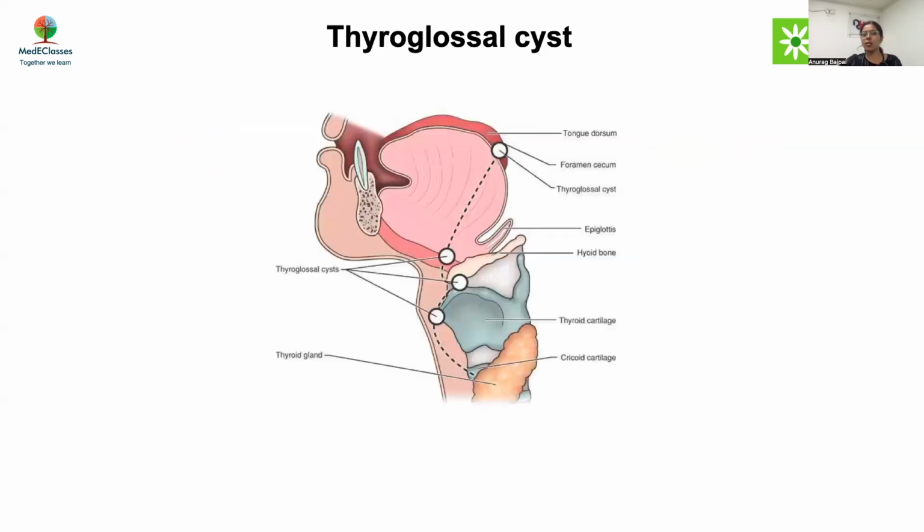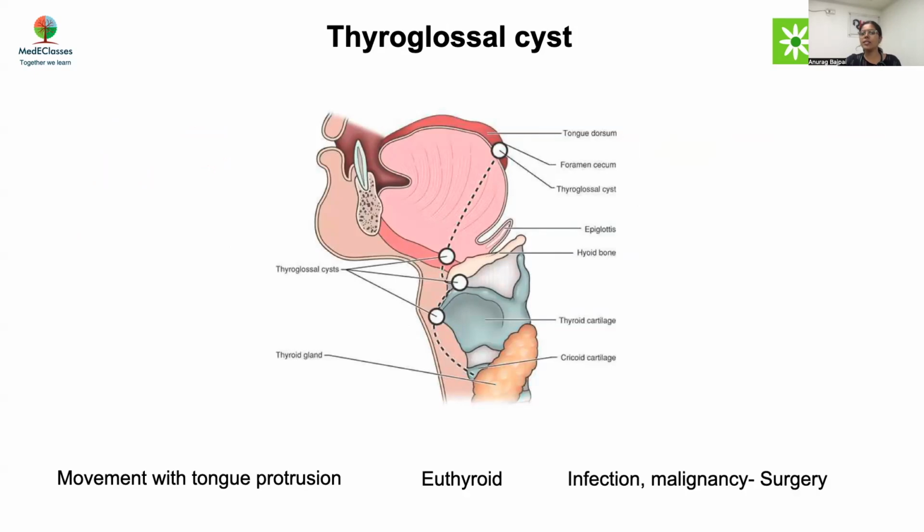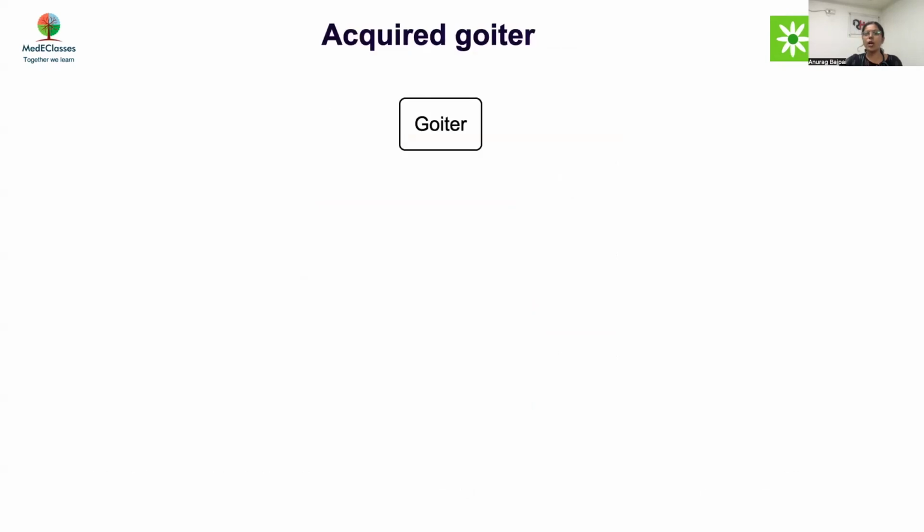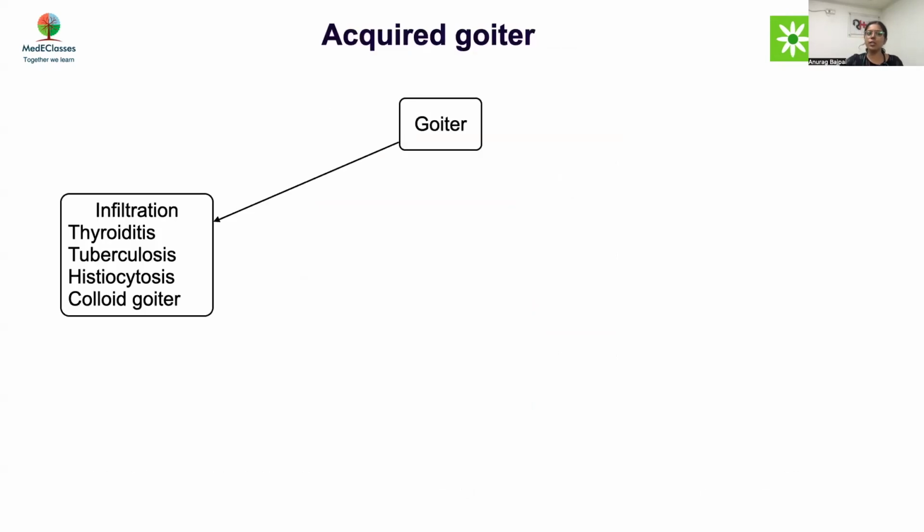Thyroglossal cyst: during descent of the thyroid gland from the foramen cecum to its usual place, the gland can persist there. It moves with tongue protrusion. It is usually euthyroid, and surgery is needed as it is a recurrent cause of infection and can develop into malignancy. Acquired goiter can occur due to infiltration, which includes causes like thyroiditis, tuberculosis, histiocytosis, and colloid goiter.